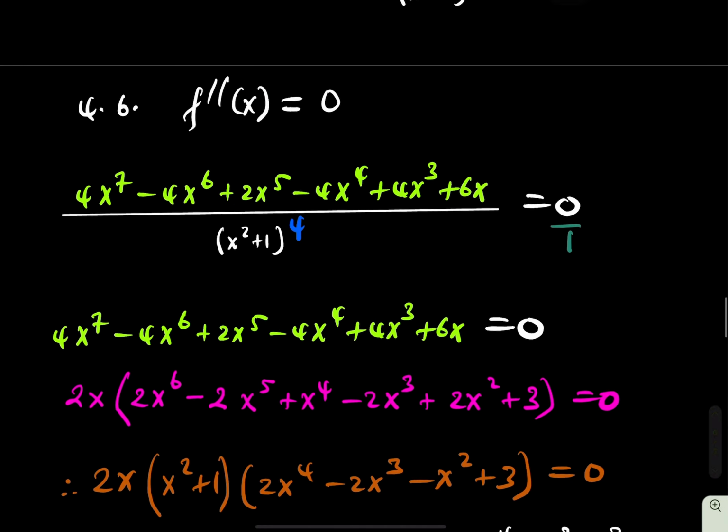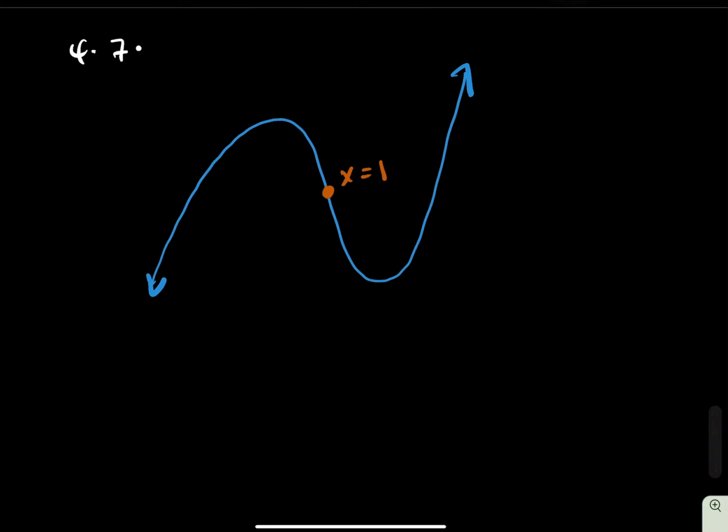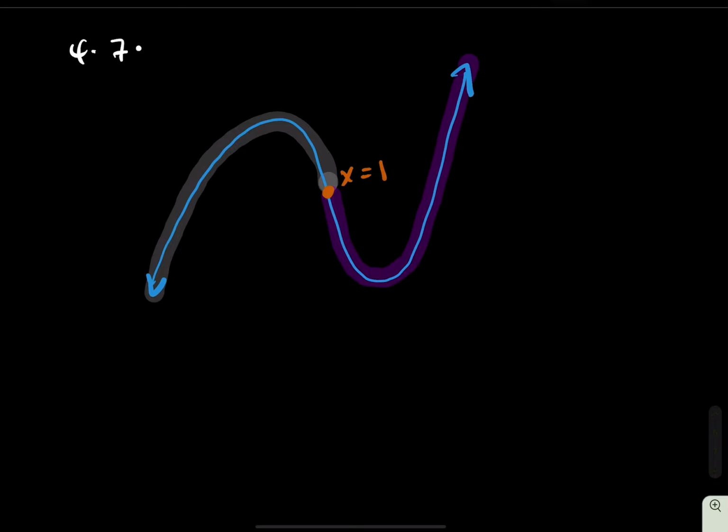So I'm going to have 4.7. Think about it. If you are dealing with a high school graph like a cubic, which behaves like that, you are going to have the point of inflection there. Say maybe x is equal to 1, for example. This graph is really going to be concave down this side, and here it's going to be concave up.